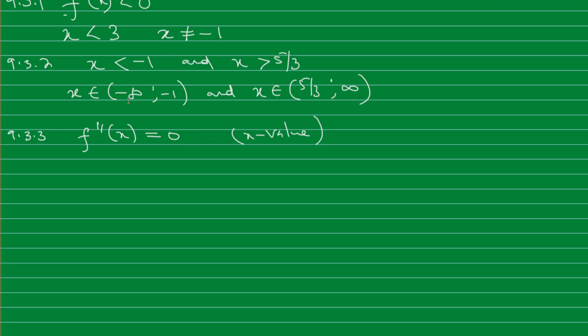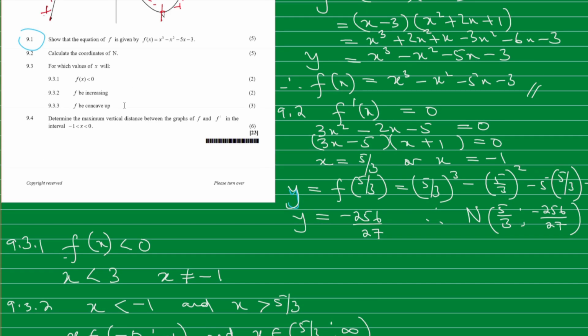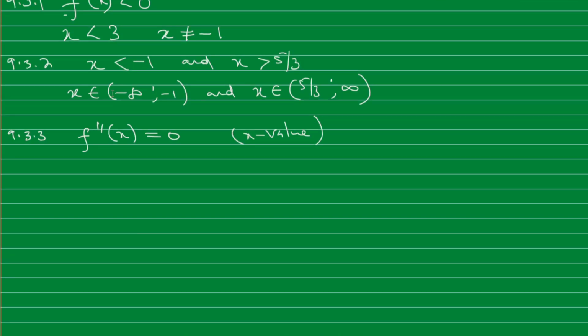Now, we have just found our first derivative somewhere here when we derived the first time, which is 3x squared minus 2x minus 5. So if we derive that again, that is our second derivative, that will be 6x minus 2. So we have to equate 6x minus 2 equal to 0.